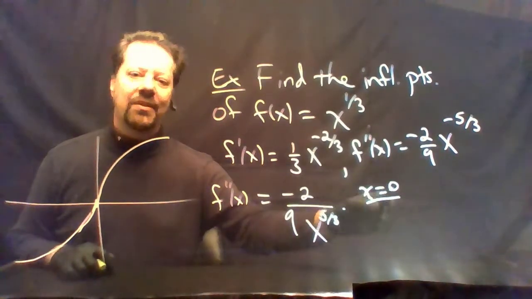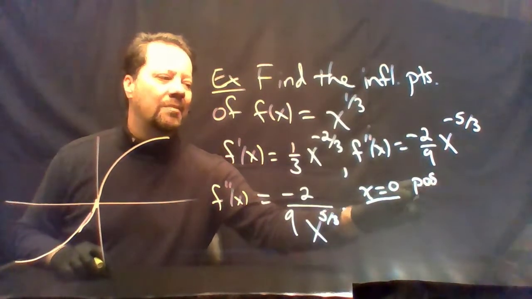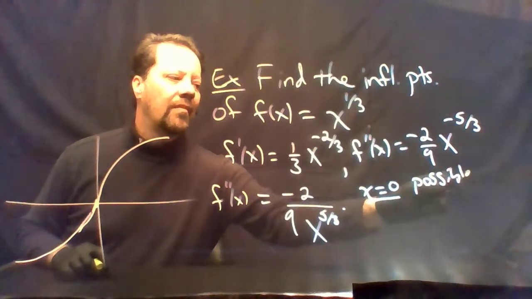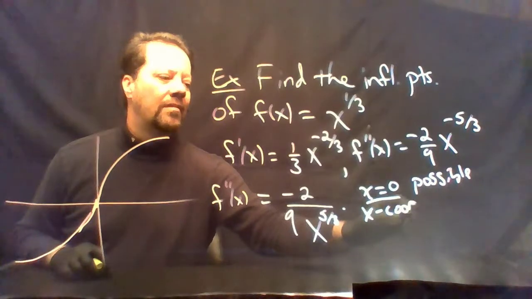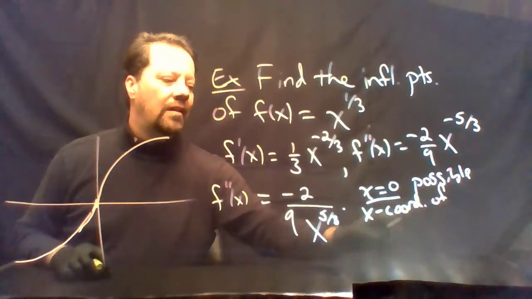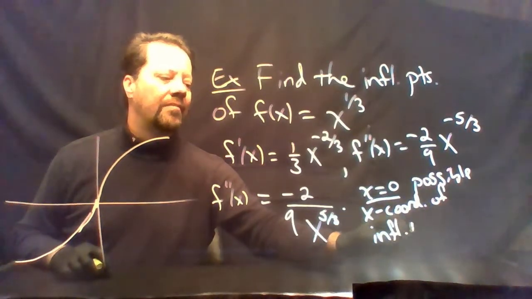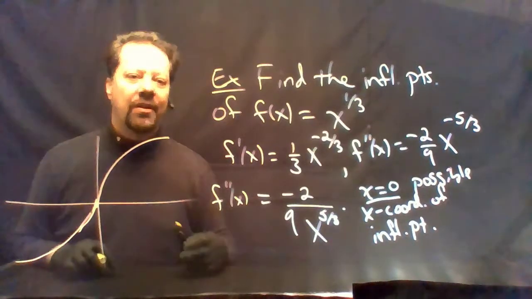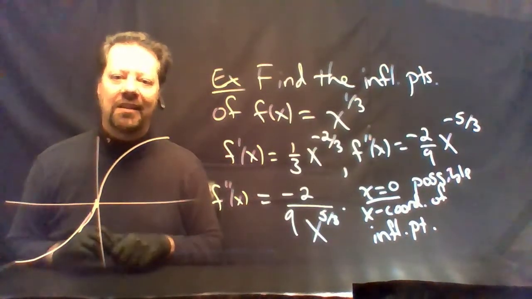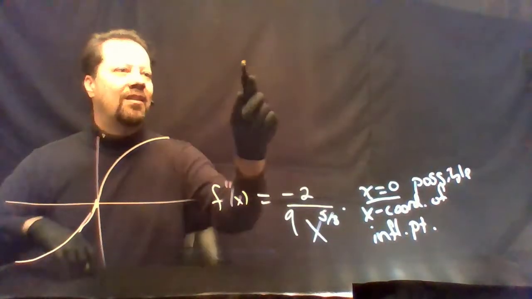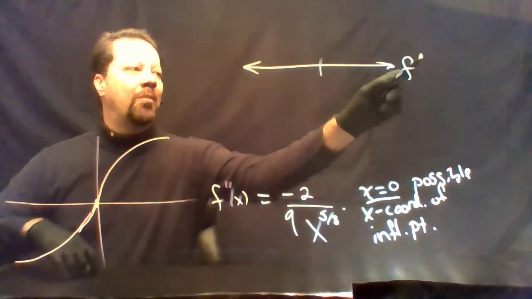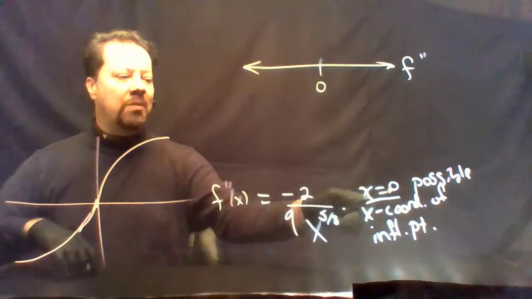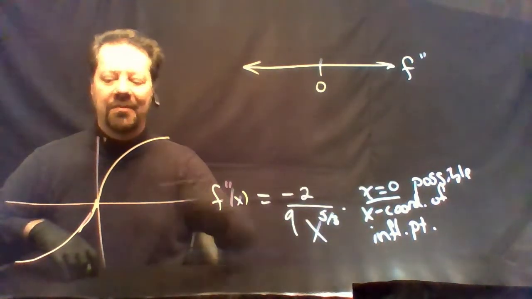So x equals 0 is the location of a possible x coordinate of an inflection point. To know for sure, we have to check that the concavity actually changes. Drawing a number line for f double prime, there's only one point to plot, x equals 0.